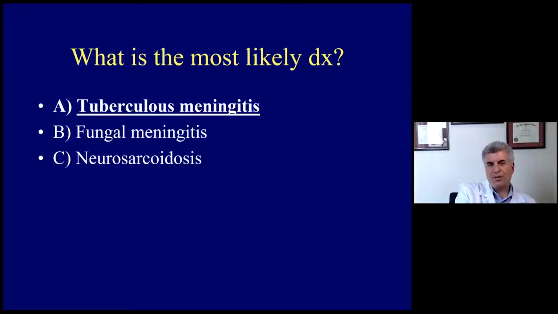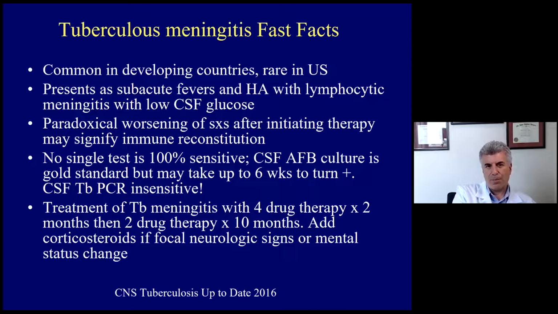And the answer is tuberculous meningitis. Now, a lot of people think that this is neurosarcoidosis, so if you were thinking that, you are not alone. In fact, that was on my short list of my differential diagnosis when I was seeing the patient. But this was tuberculosis. And some important things to remember is that it's common in developing countries, but rare in the United States.